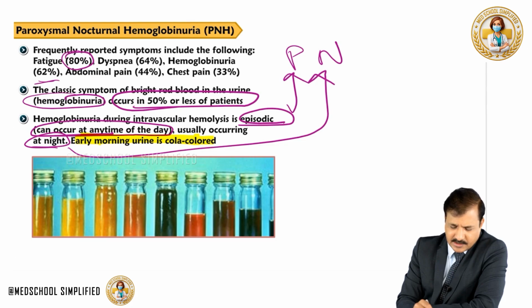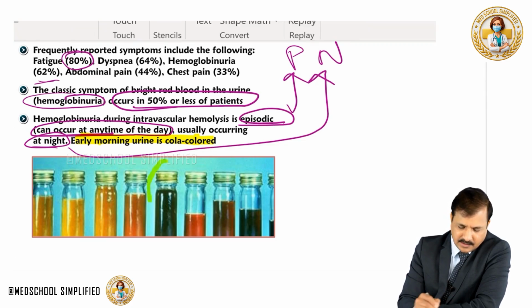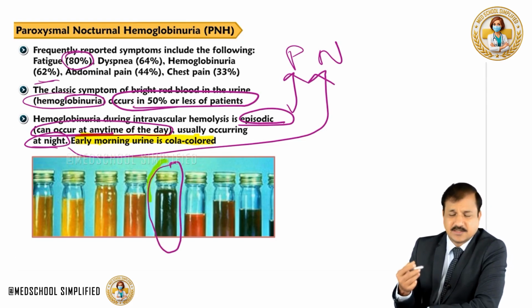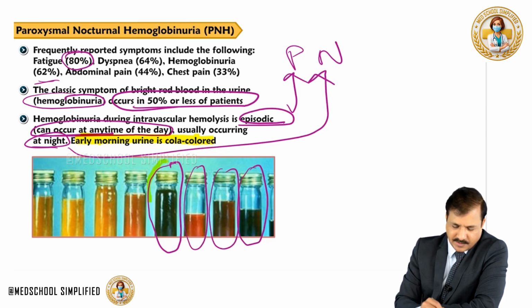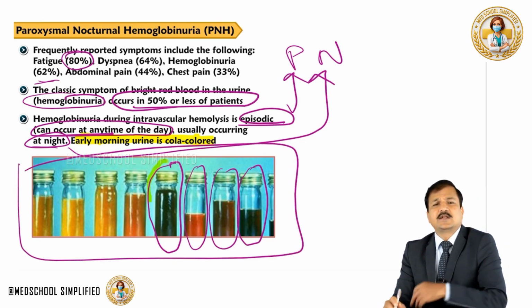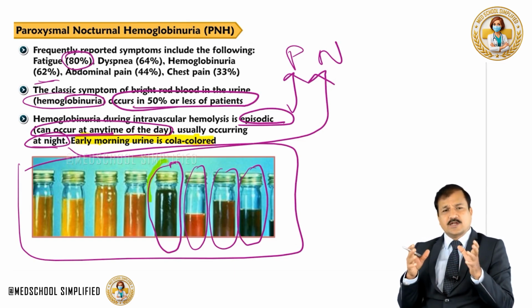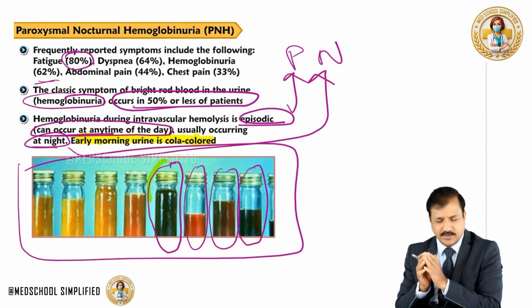As you see here, the sample in the center is the cola colored sample, with excess hemoglobin in the urine, and you can also see the changes in intensity throughout the day. These are all hemoglobinuria samples, but the intensity of hemolysis can vary throughout the day. But usually the morning sample is the one that is highly intense, which is referred to as cola colored urine.